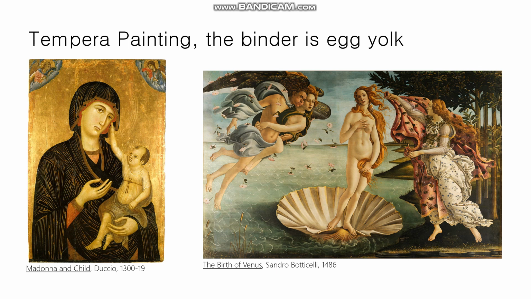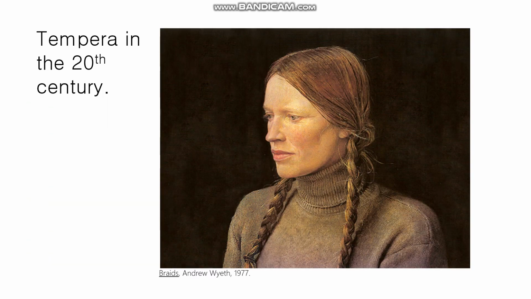So tempera could be used in early stages thinned down like a watercolor, and then at later stages become more like an oil stained varnish. That's an interesting thing about tempera painting.